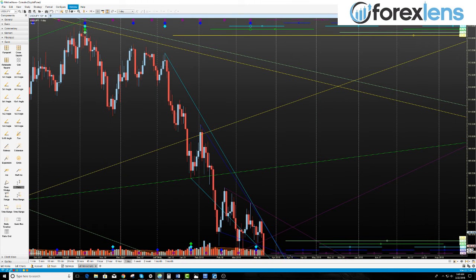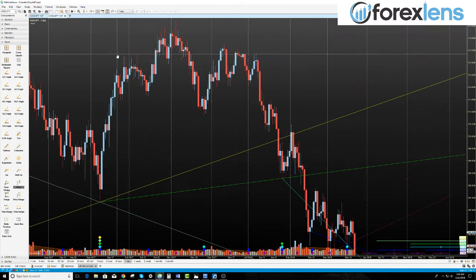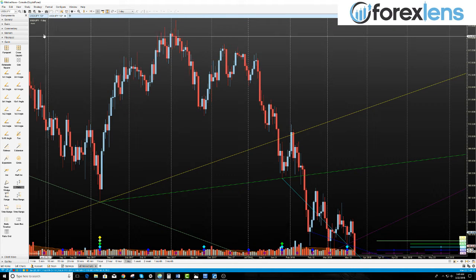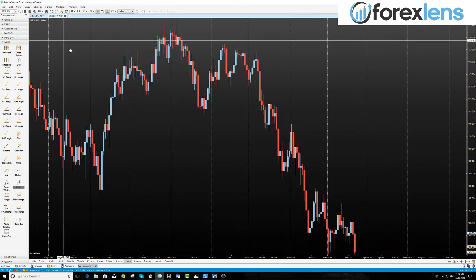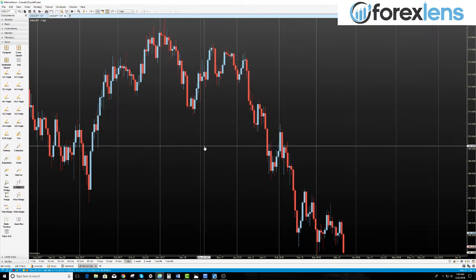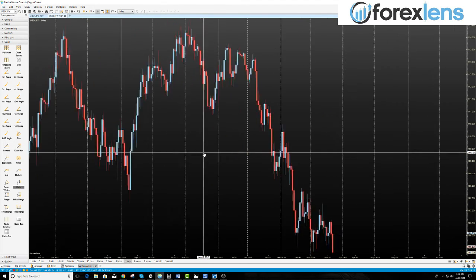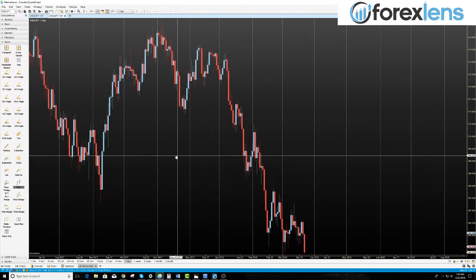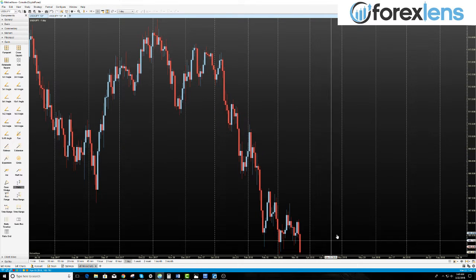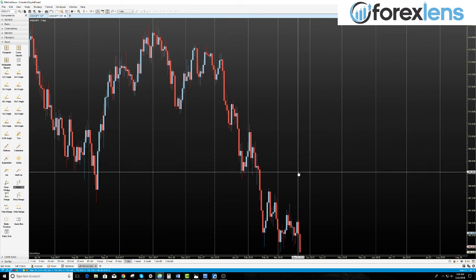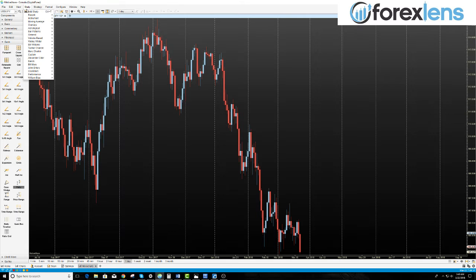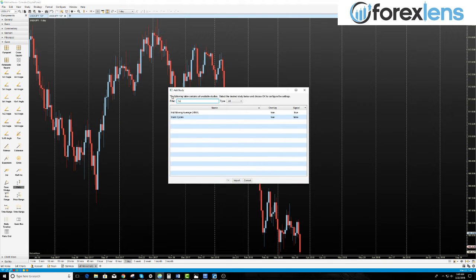Why don't I just do a new chart, and we'll get rid of that. Okay. Now, just looking at this on the daily. Observing this activity here, what we want to look at is the Hurst cycle.